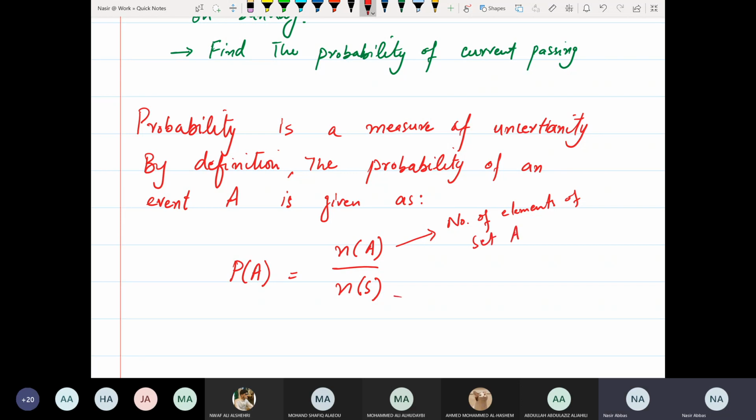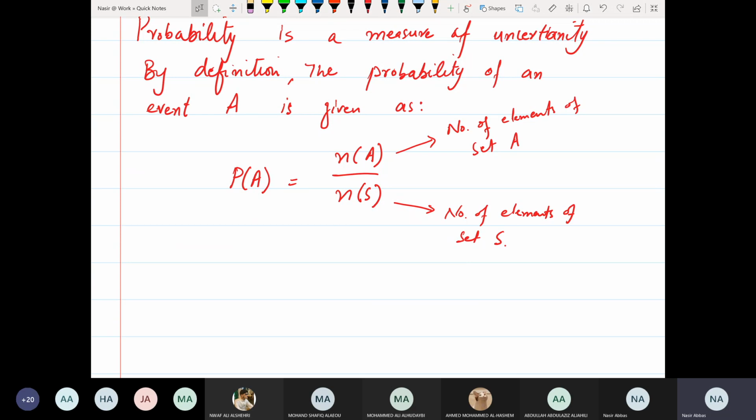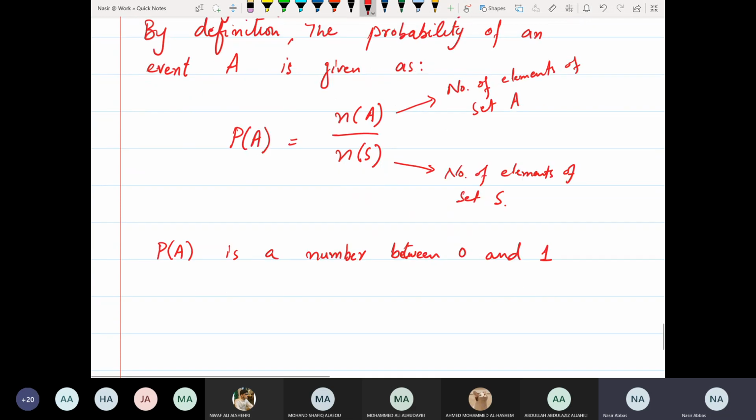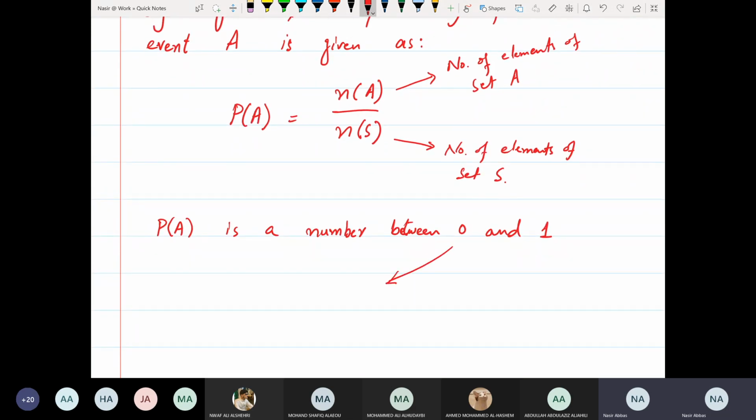Number of elements of set A divided by the number of elements of set S, the sample space. This P of A is a number between 0 and 1, where 0 indicates what? 0 indicates that the corresponding event is impossible, and 1 indicates what?